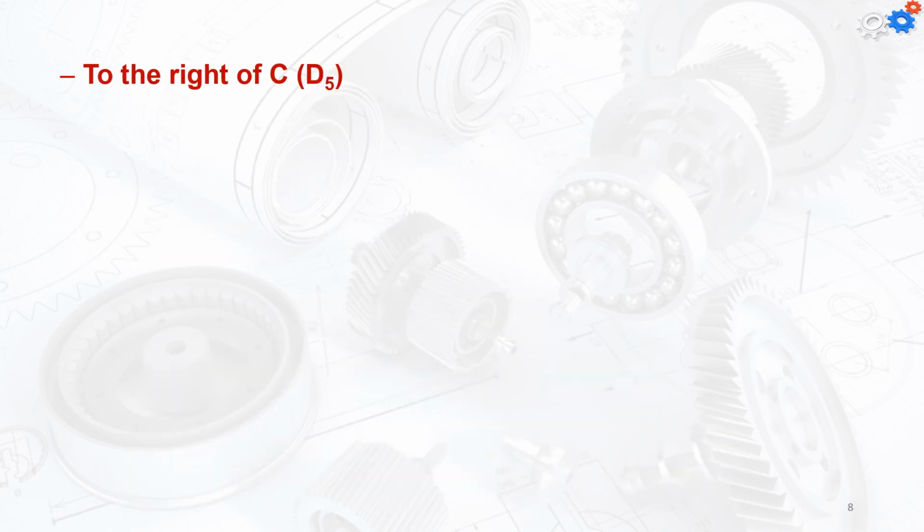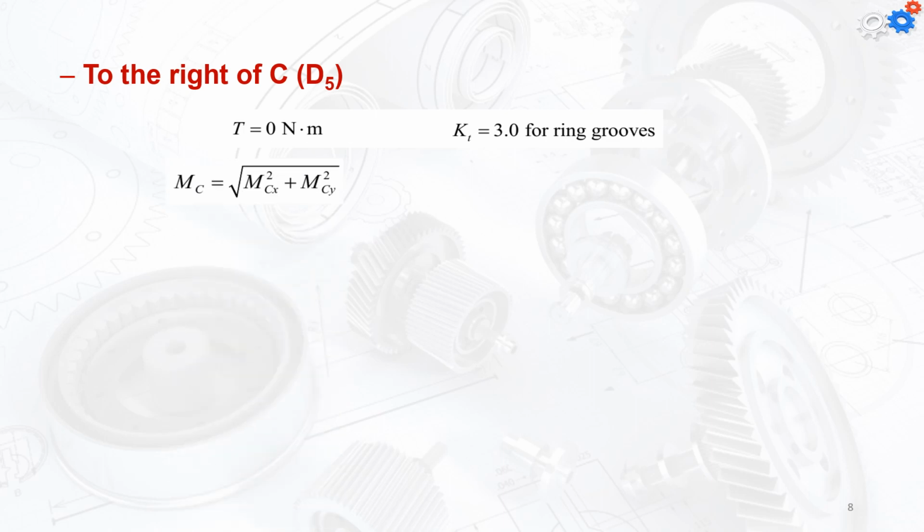To the right of the C, or the D5, now the torque is going to be 0 because we gave all the torque away at the point C. The KT is going to be equal to 3 because we have ring grooves. Now, the bending moment can be calculated, which is going to be equal to 2091.5 Newton meter.